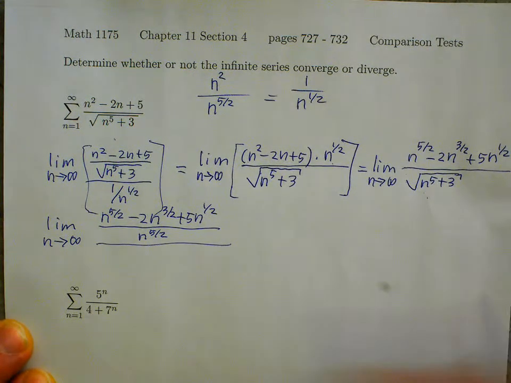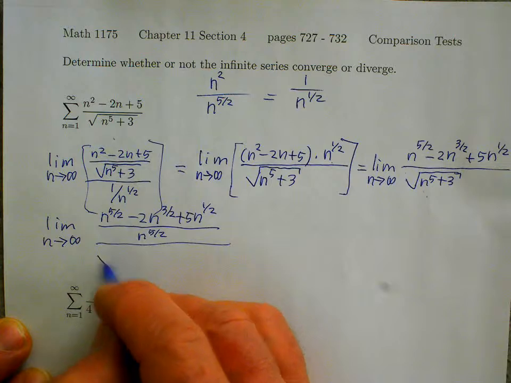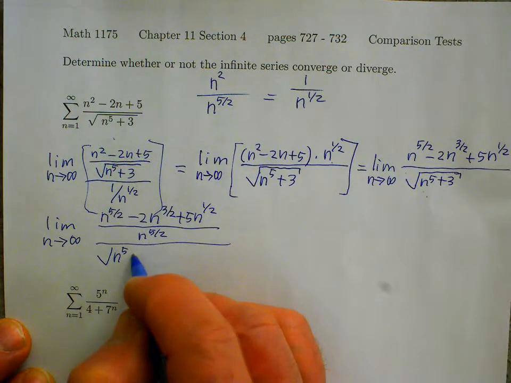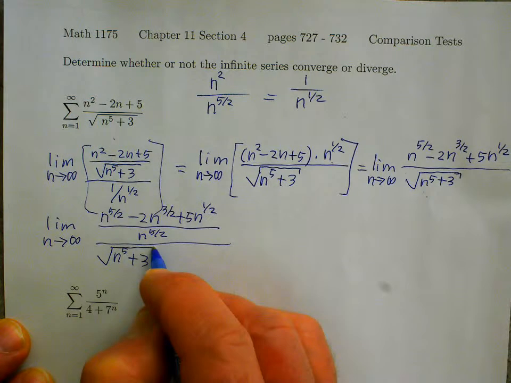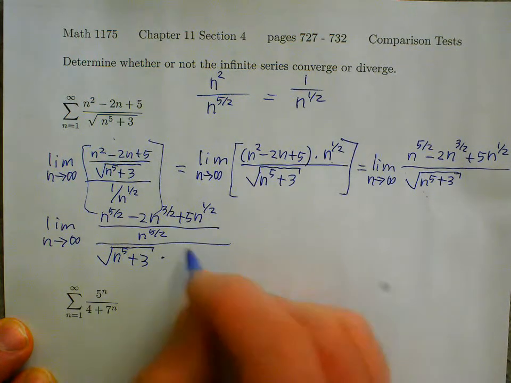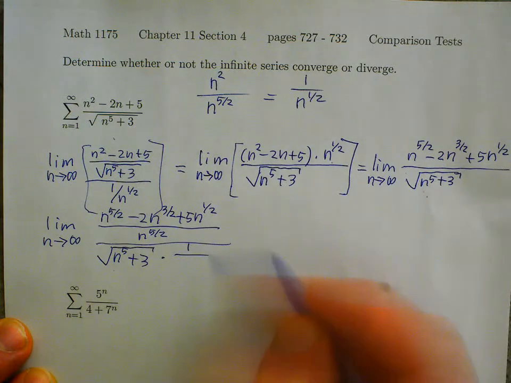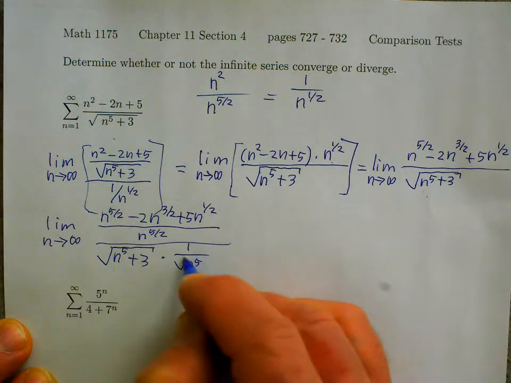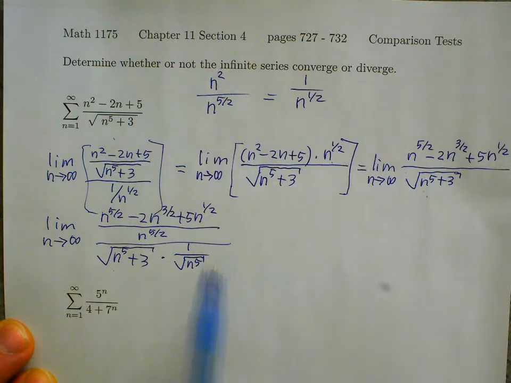And then in the denominator, we have the square root of n to the 5th plus 3. But here I'm going to multiply that by 1 over the square root of n to the 5th, which is the same thing as 1 over n to the 5/2.